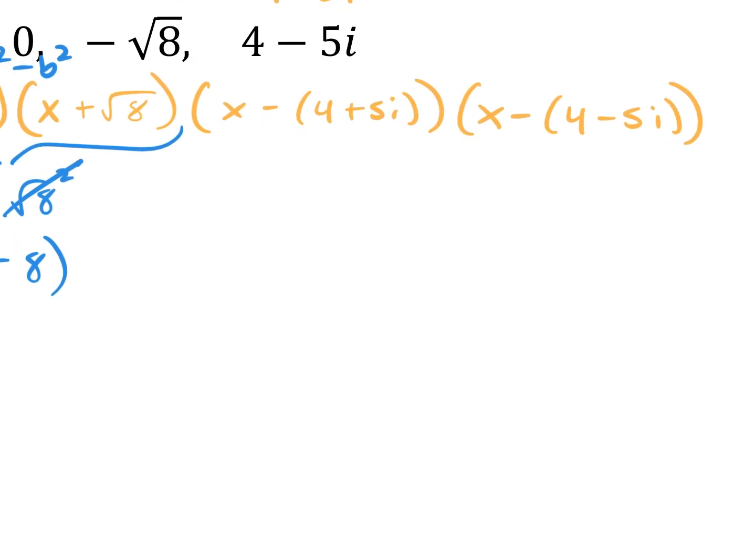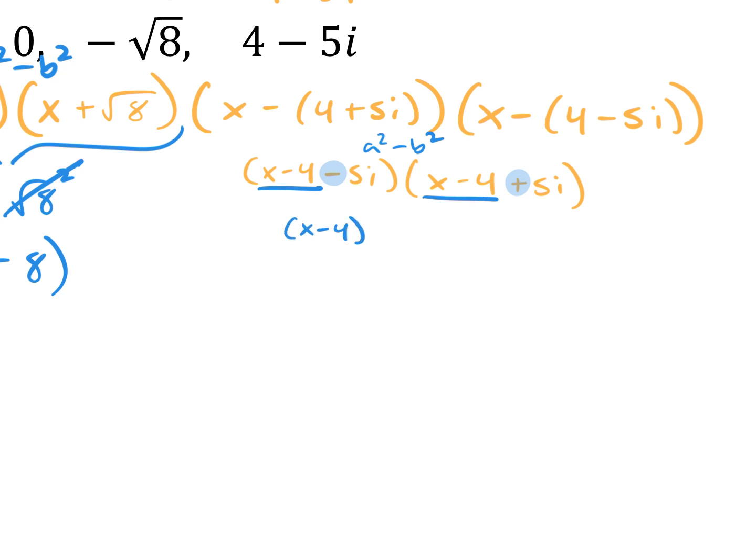Now for the next pair, we want to simplify before we multiply it out. So we got x minus 4 minus 5i, x minus 4 plus 5i. So these are conjugates. They're separated by a minus and a plus. But we just have to be careful when we do our shortcut. If we do a squared minus b squared, our a is x minus 4. So we've got x minus 4 squared minus 5i squared.